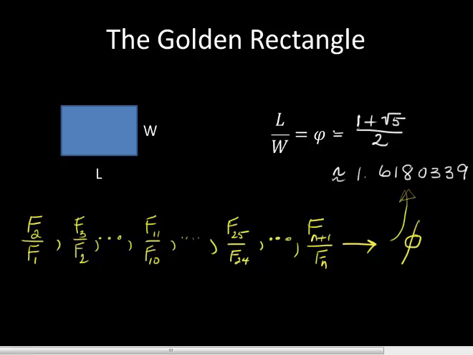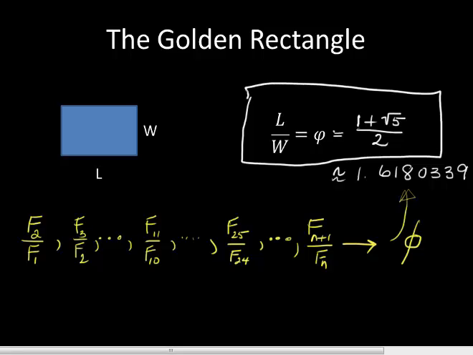So now let's define the golden rectangle. Actually, the definition is right here. This is something that you need to know exactly: what is a golden rectangle. It is a rectangle where the length divided by the width is exactly phi, (1 plus the square root of 5) over 2.